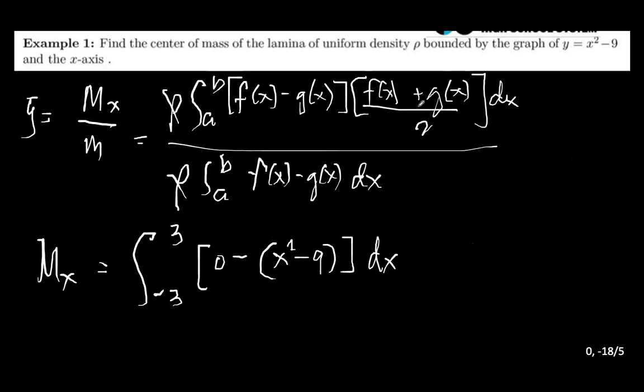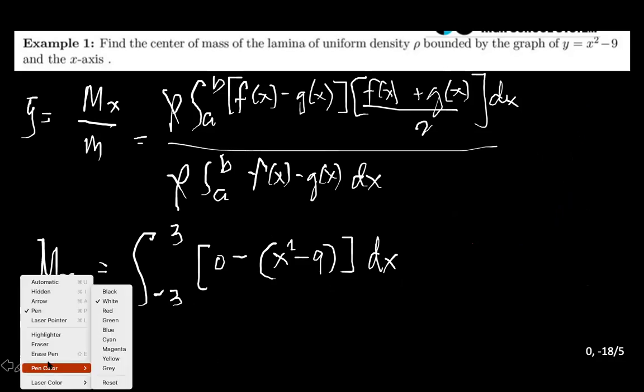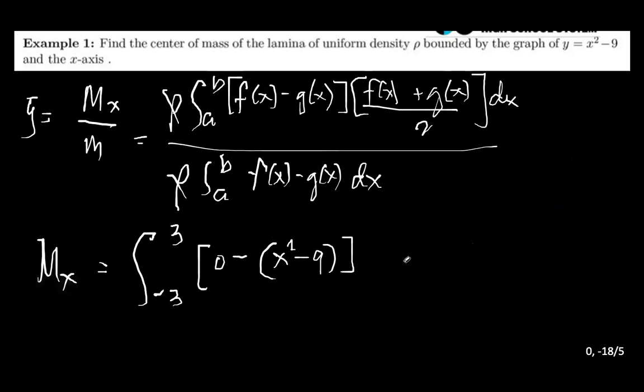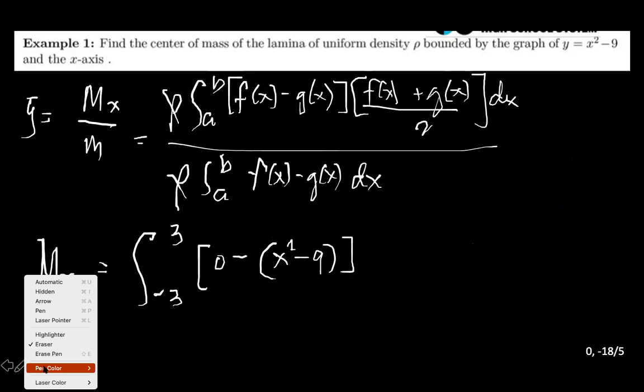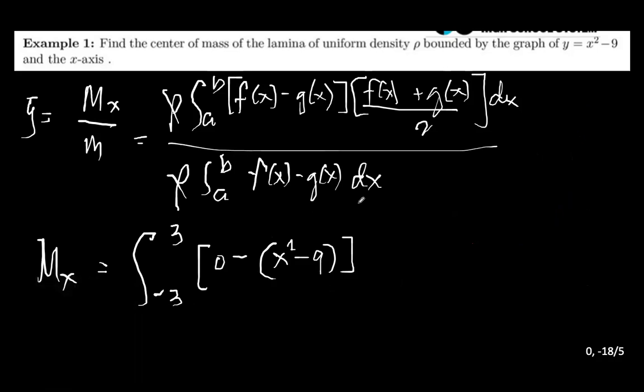Sorry, I forgot this one, the next factor. So I need to erase this. And the other factor is 0 plus x squared minus 9 over 2 dx. Here we go. So we're now ready.